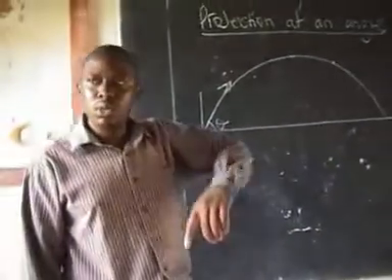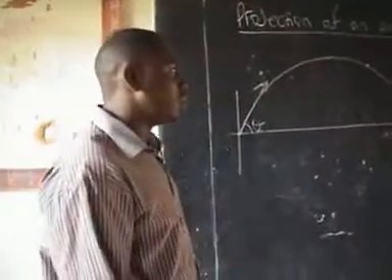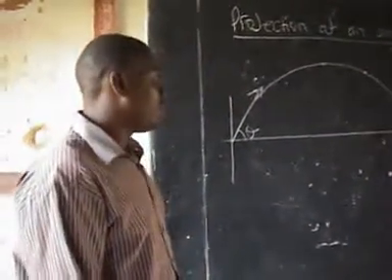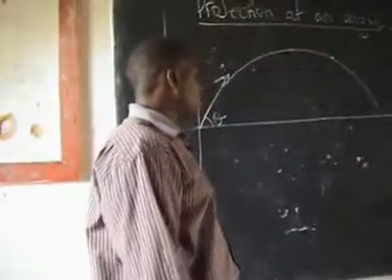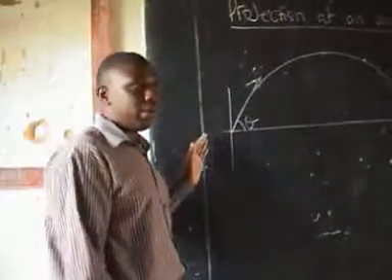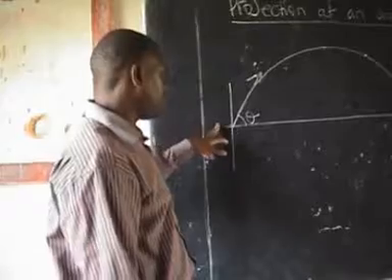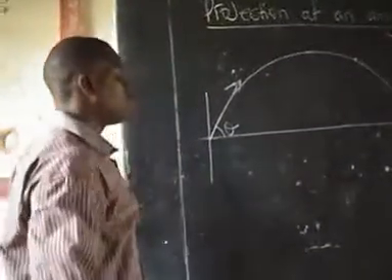That ball would describe a parabolic path, or a bomb which is dropped from a body which is moving at a given angle. Now, there are some terms which are related to projectile motion. So we shall be describing them as we proceed.